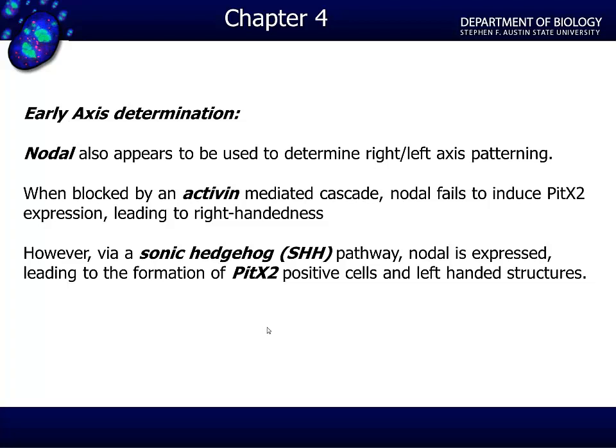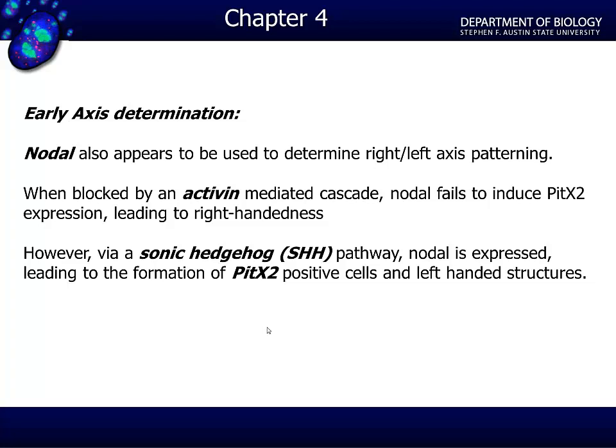So we can see that nodal is going to give rise to a certain pattern. However, the antagonist to nodal is called activin. So activin can actually block and stop nodal expression. And activin is going to lead eventually through a series of events to right-handedness.